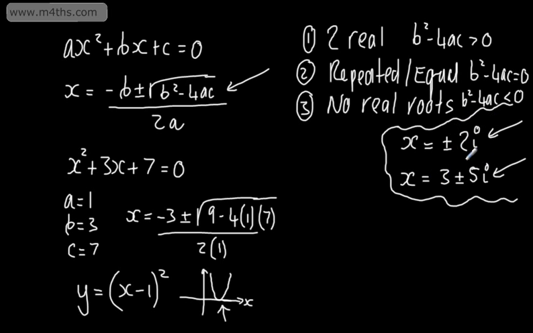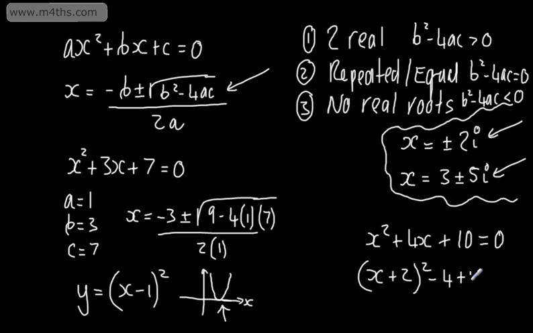We would end up with a scenario like this. For example, let's write x squared plus 4x plus 10 is equal to 0. Now, if I try to complete the square on this, x plus 2 all squared, then we're going to subtract the 4, add the 10, and set that equal to 0.